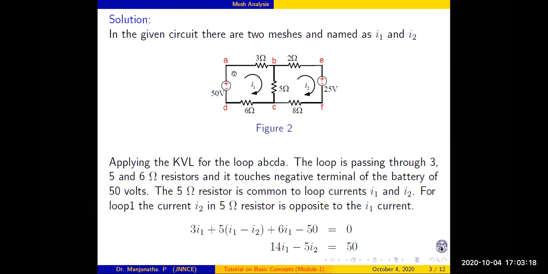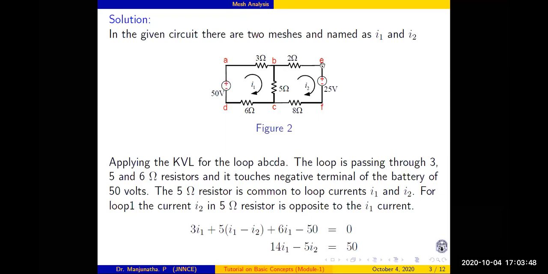I will repeat it one more time. Mesh analysis: identify the meshes in a given network. There are two meshes, meaning closed loops. The first mesh is I1, the second mesh is I2. The first mesh A, B, C, D, A contains a 3 ohm resistor, 5 ohm resistor, 6 ohm resistor plus one power supply, that is 50 volts.